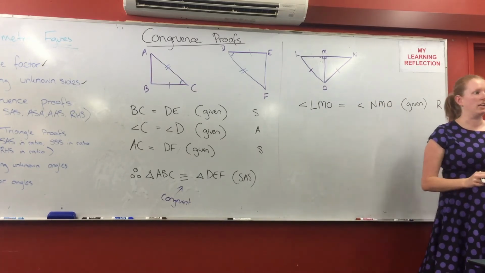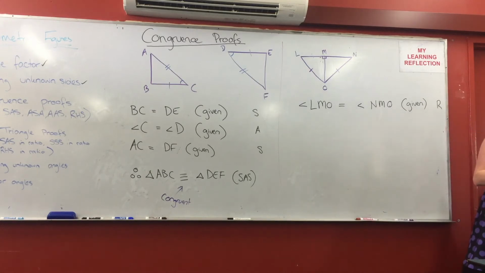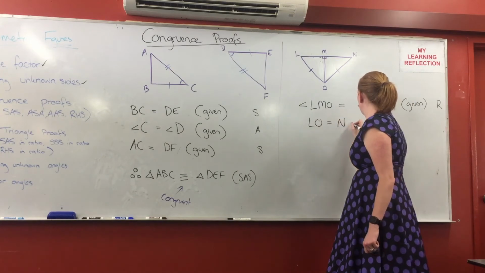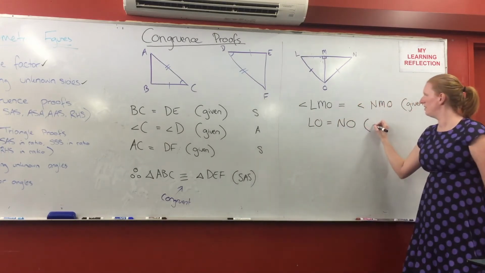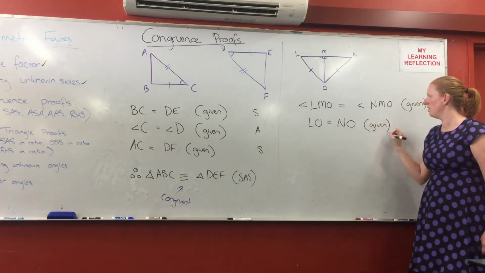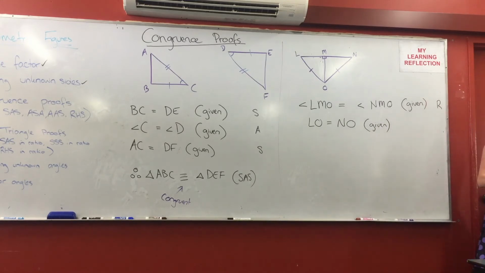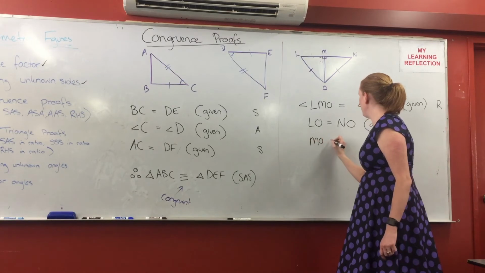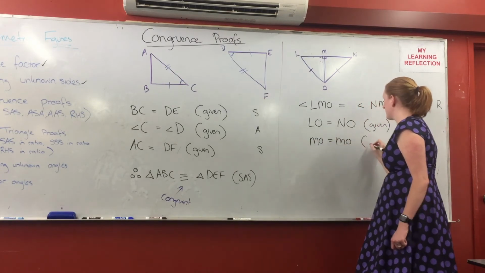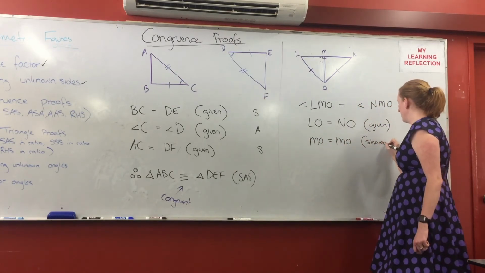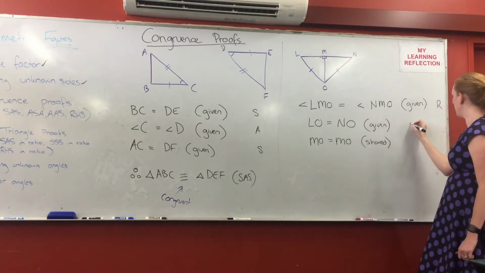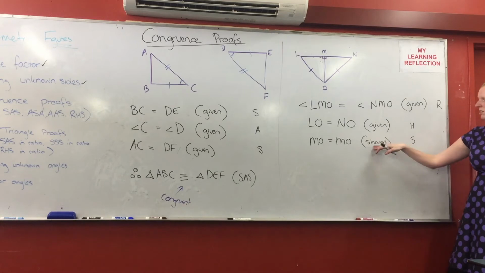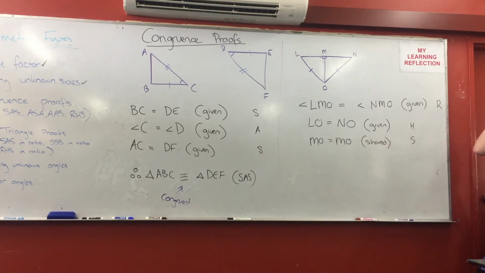Next up, I need an H. I need to do my hypotenuse. And how do I know that? Cool, and then what's last? MO equals MO. Great. MO is equal to MO, and it's shared. So that's R, that's H, and that's S. There's another word that you'll come across for shared.